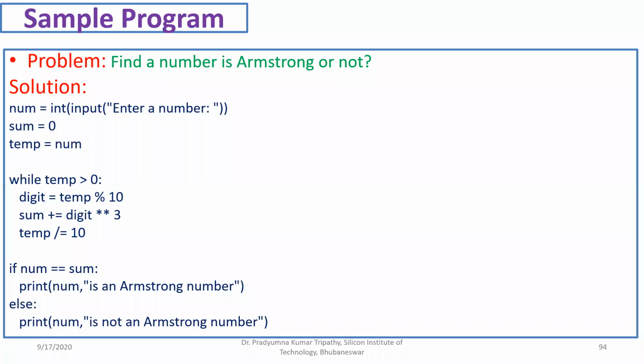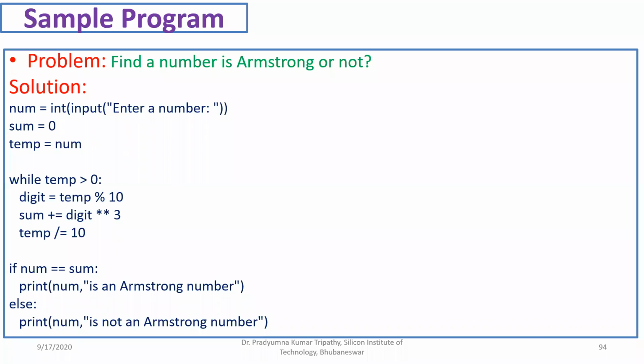Till then I just have a question. If you have any problem in solving the questions we discussed in the previous classes, you may ask now, and otherwise you may go for running this program on your laptop or on your machine. It's a simple program to find whether a number is Armstrong or not.